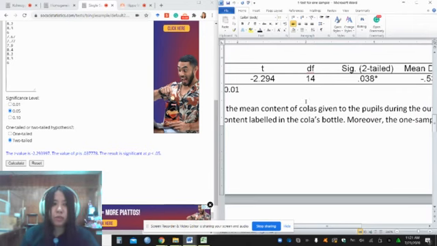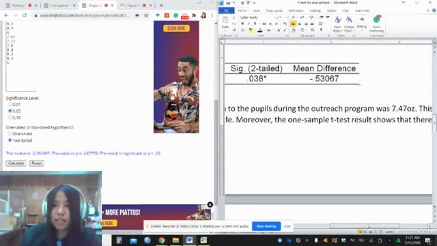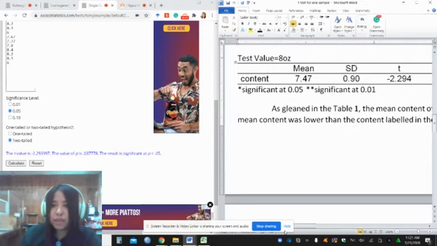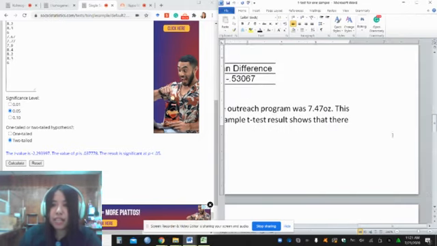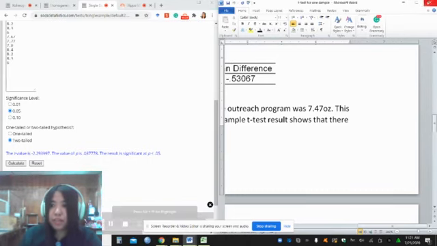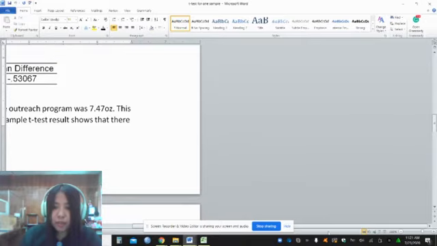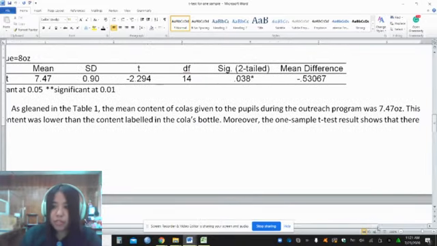For the degree of freedom, we computed it. It is 14, p-value 0.038, so we round off to 3 decimal places. And then for the mean difference, you can just simply deduct 8 less 7.47 or 7.47 less 8. That's why it is a negative 0.53.